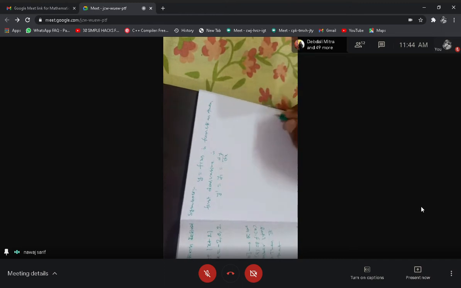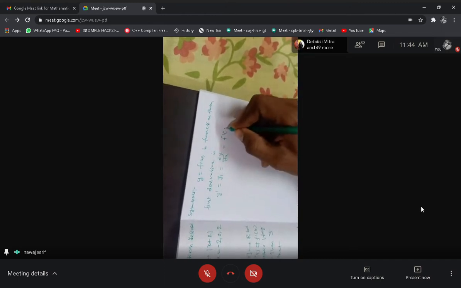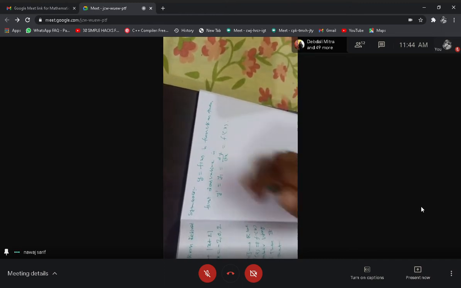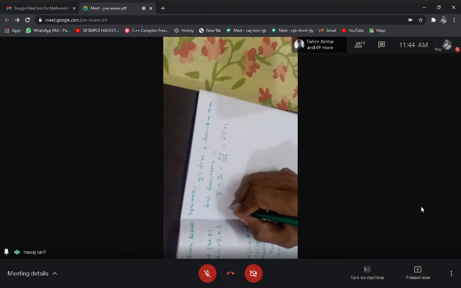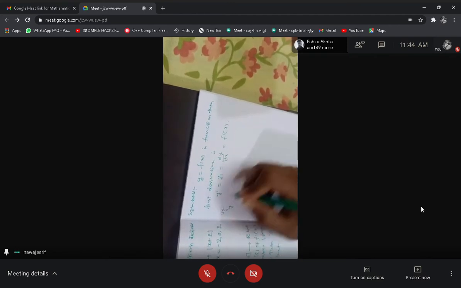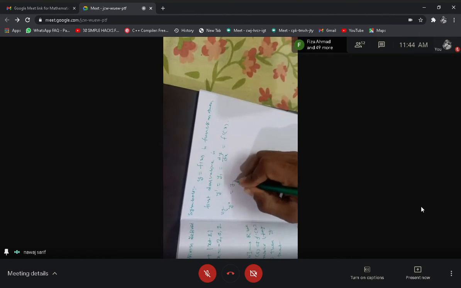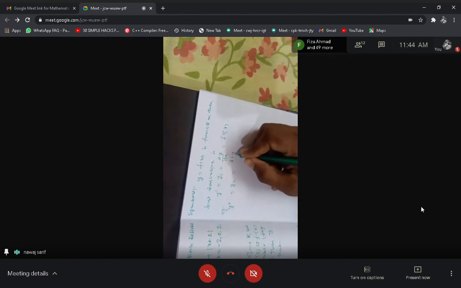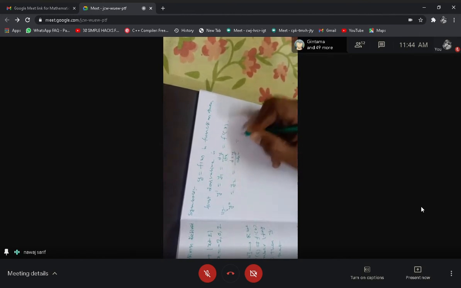These are all symbols, and you can write this is f dash x. And similarly, what is the second derivative? y double dash equals y2 equals d2y upon dx square equals f double dash x. These are all the symbols.